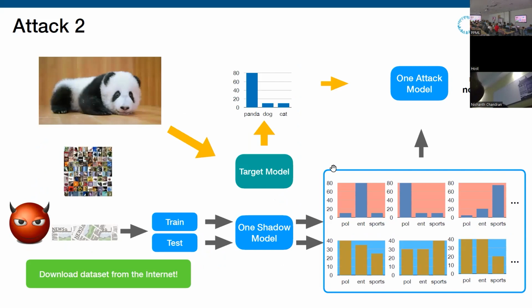For example, if the target model is a cat, panda, dog classifier, just download enough cat images, dog images, and panda images from the internet, train the shadow model, everything stays the same, and the attack still works. Performance is not that bad compared to the same distribution data set. Very similar, actually. The good thing about this attack is that when you face a classifier, as long as you can get images or whatever samples from the internet, you can do the attack without just trying your luck.